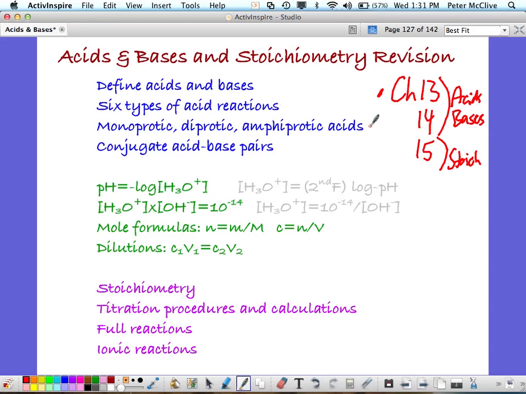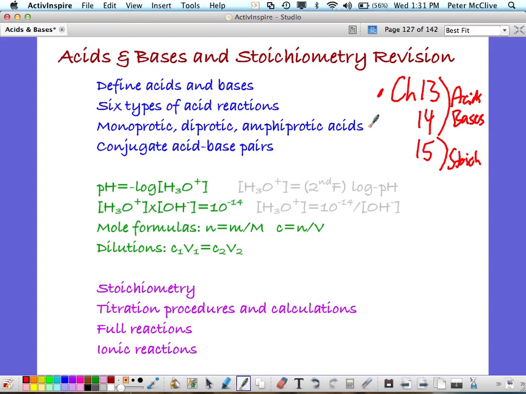Knowing these definitions for acids, monoprotic. Do we know that one? All good, yes. So it's talking about proton as in the hydrogen.